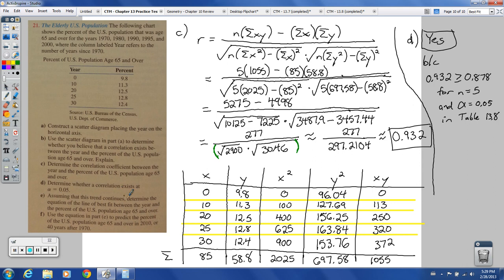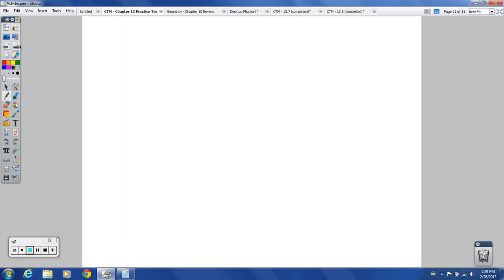Part E, assuming that this trend continues, determine the equation of the line of best fit between the year and the percent of the U.S. population age 65 and older. Okay. So I'm going to copy and paste one more time here.